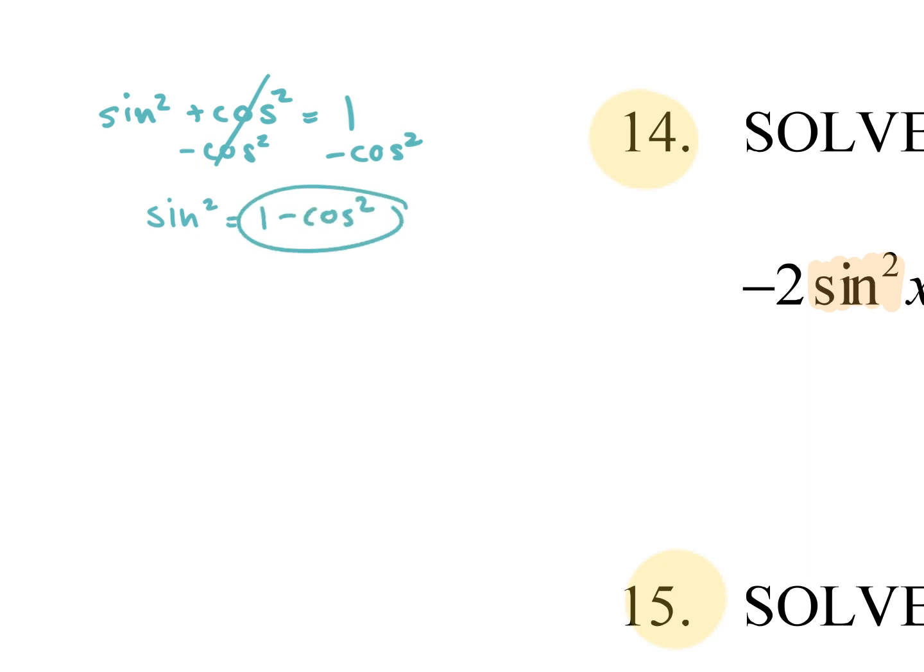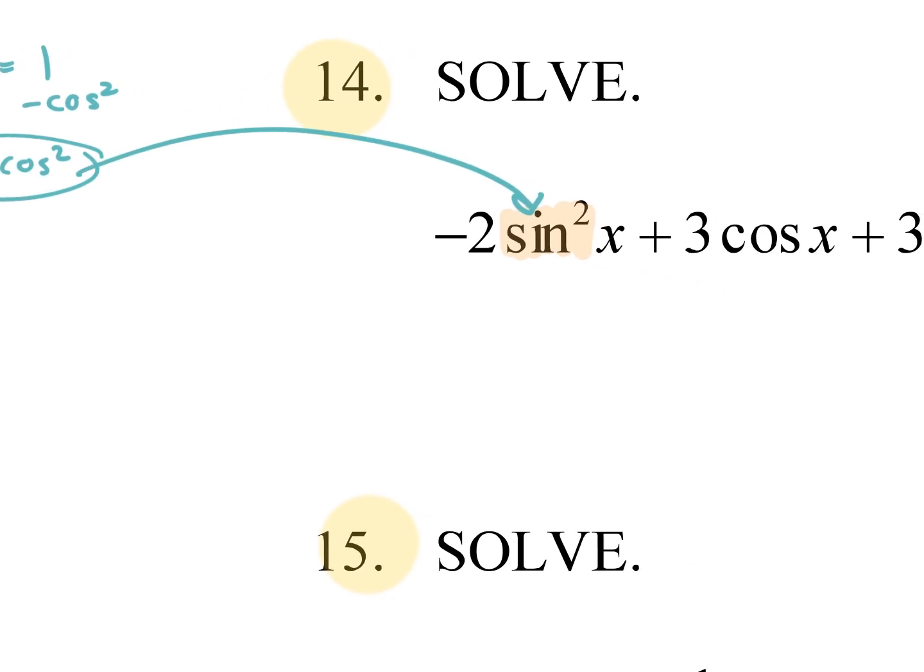We're going to take 1 minus cosine squared and substitute it into the sine squared. So we have negative 2 times 1 minus cosine squared plus 3 cosine plus 3 equals 0.